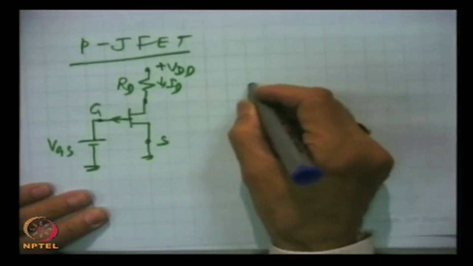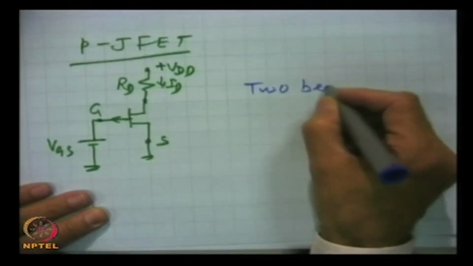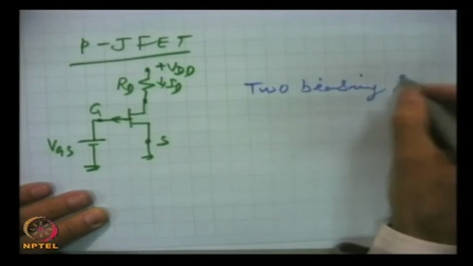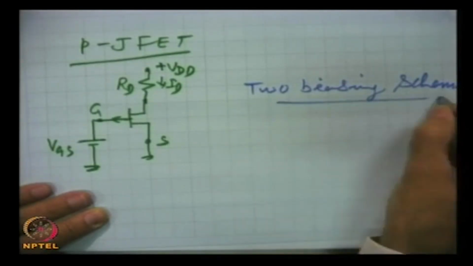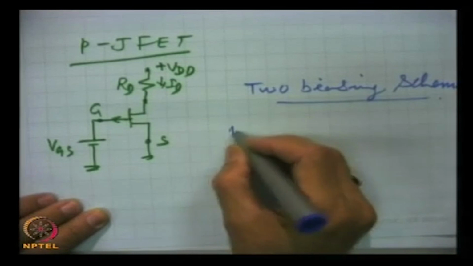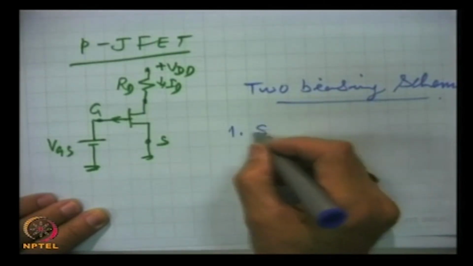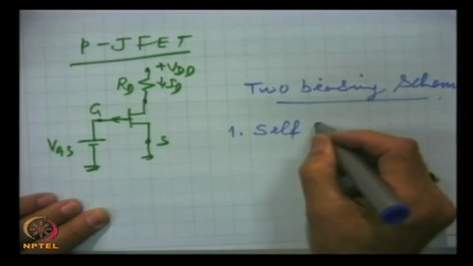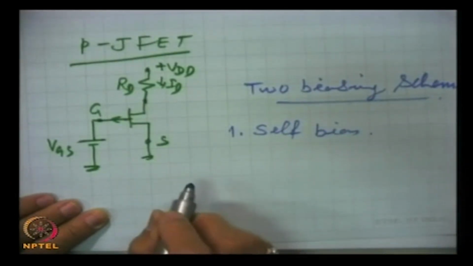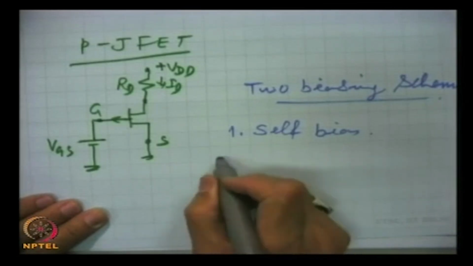So, then what are the choices for biasing? The fixed bias, for the reasons we have discussed, is not a good biasing scheme. There are two biasing schemes which are widely used. One is called self bias, and the other one is voltage divider bias.